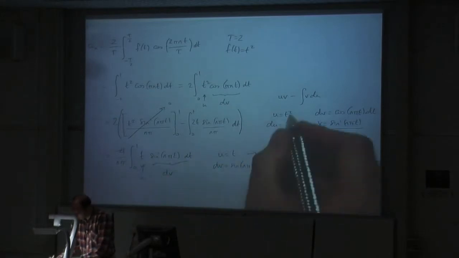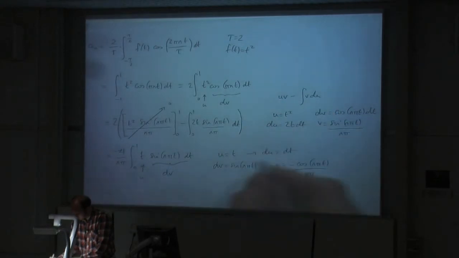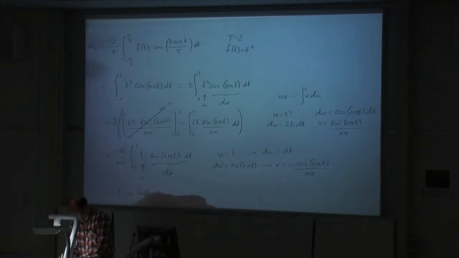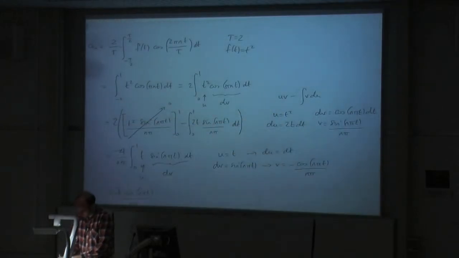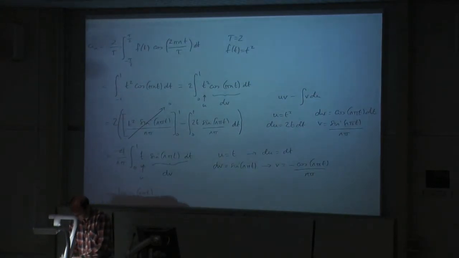So plug it in, uv minus integral of v du. So uv, that's going to be t times by v, so that's minus t cos n pi t divided by n pi. So we're actually just doing this integral. Oh no, sorry, we have stuck it up there. Let's put that out here.